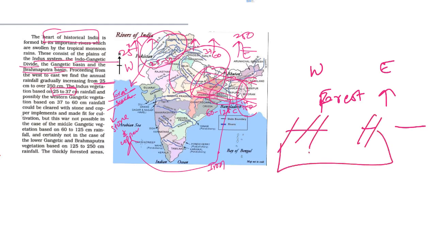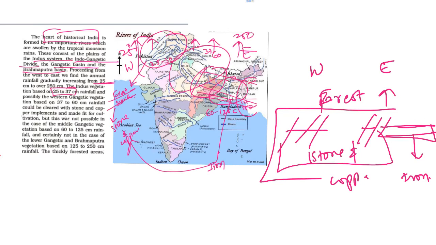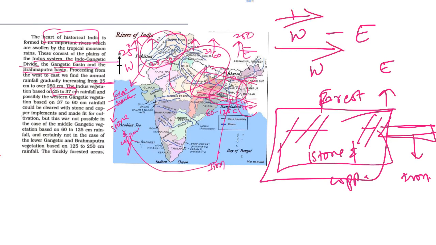Where the rainfall is less, they can clear it by using stone and copper, whereas when we are moving towards the east, they need new kinds of iron implements, right? That means civilization would have started from west to east only. People also would come from west to east. The people's settlement also started from west to east.